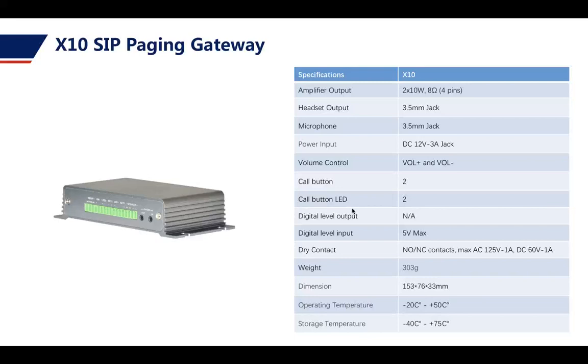So it is a 3.5 mm jack, not USB, not a 2.5 mm jack, and also not HDMI. It is a 3.5 mm jack for the audio on the X10.